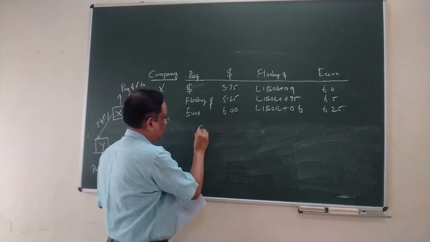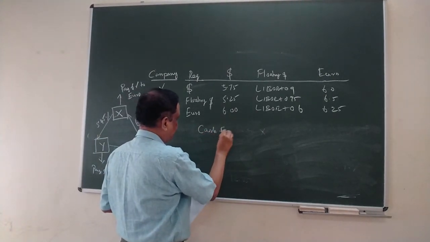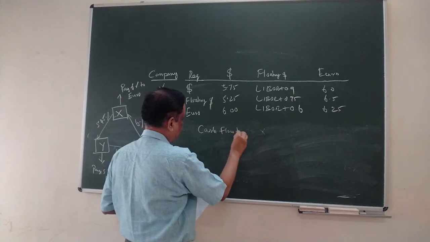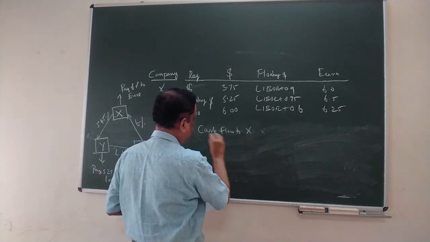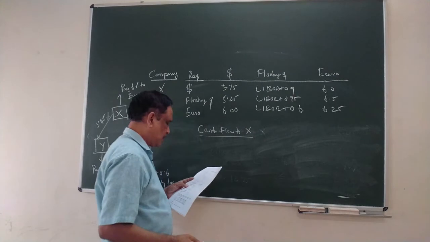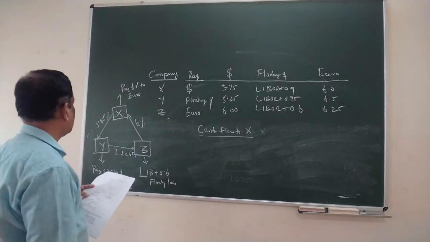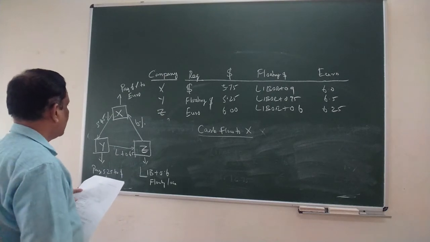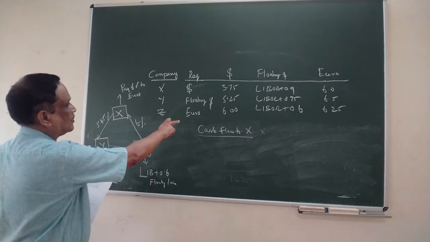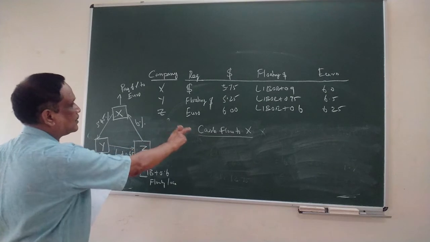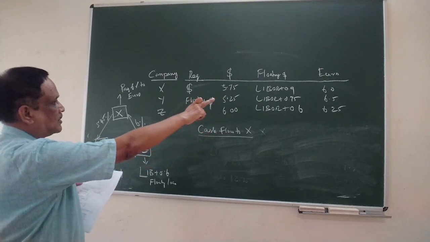Now, cash flow to company X. X receives from Z 6%.